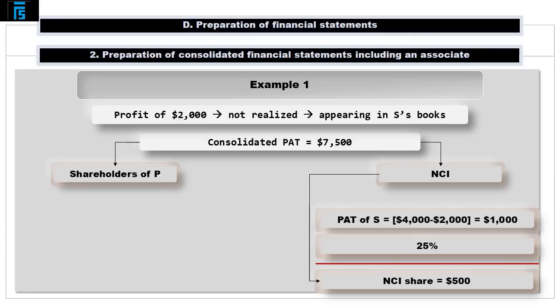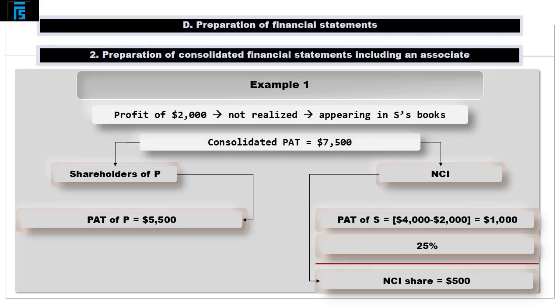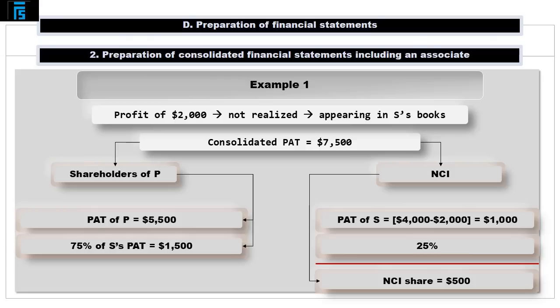The amount attributed to the shareholders of the parent would be given as the total of the parent's net profit adjusted for the dividend, and that's €5,500 plus 75% of the subsidiary's net profit adjusted for the unrealized element of 2,000, giving another €1,500 and €7,000 in total.